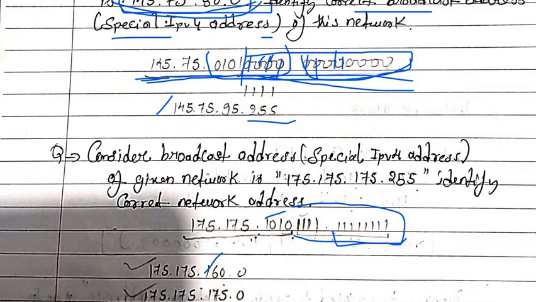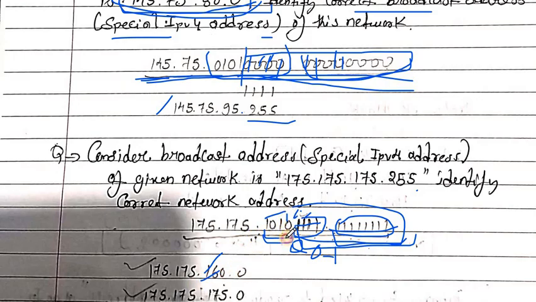After setting this binary string to 000, now we get the network address 175, and 1010 is part of the host, so it is the network ID part and this is part of the host ID, so it becomes all 0. Its value is all 0, and this value becomes 1010, and these 4 bits also become 0, so the total becomes 160.